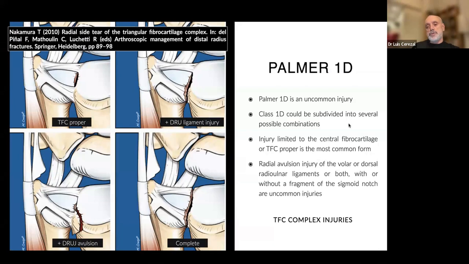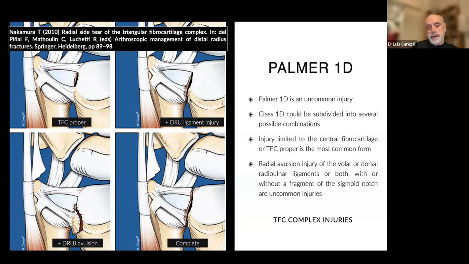Palmer class 1D was described initially by Palmer as a complete detachment of the TFC from the radius, but arthroscopic examination shows us that this is not a common injury. It's most common to have other minor variants. The most common variant of Palmer class 1D is a tear affecting only the insertion of the TFC proper on the radius.